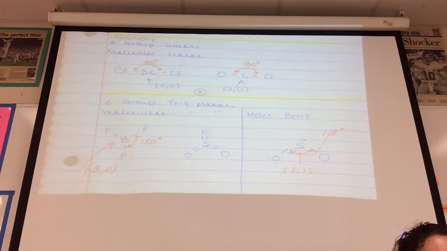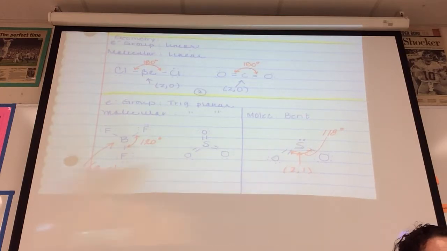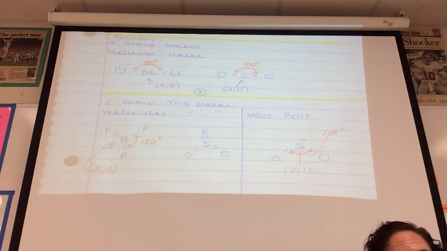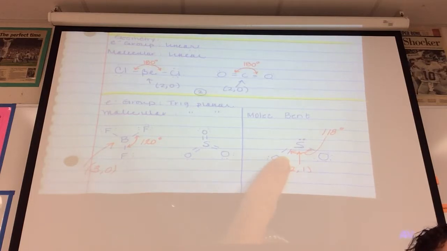They're going to do what to each other? They're going to repel a little bit. And what do you think repels more, a lone pair or a bonding pair? A lone pair. So a lone pair has a little more wiggle room, if you will, and they can push off each other a little more and spread out a little more. They're not as confined as a bonding pair.